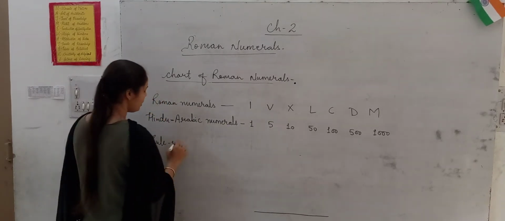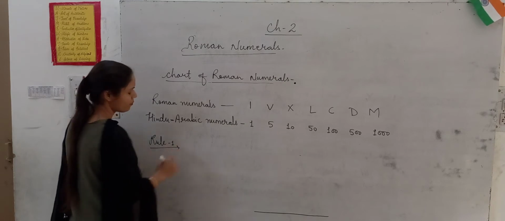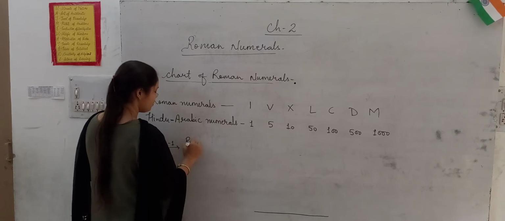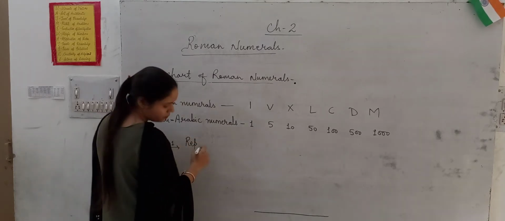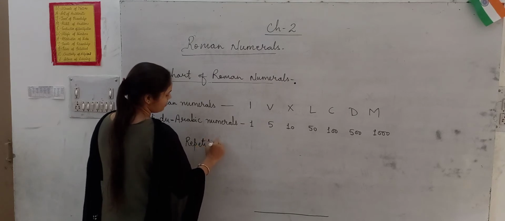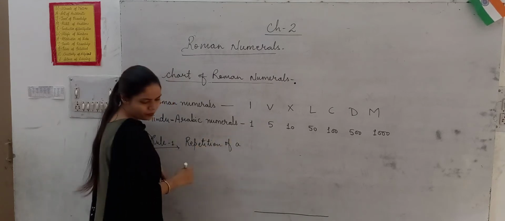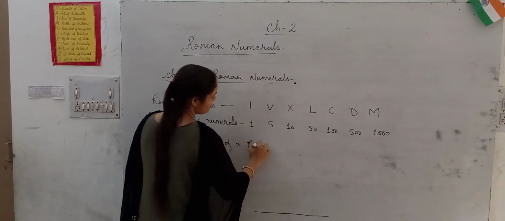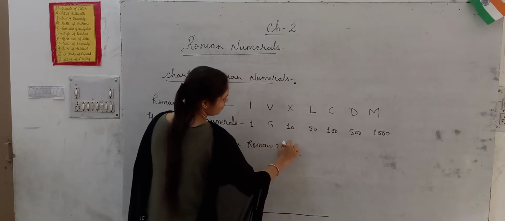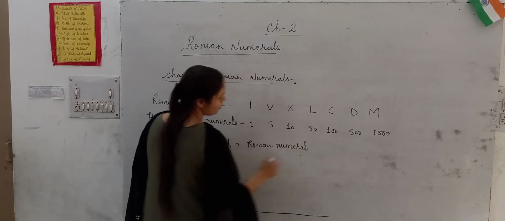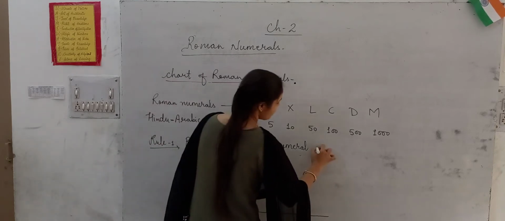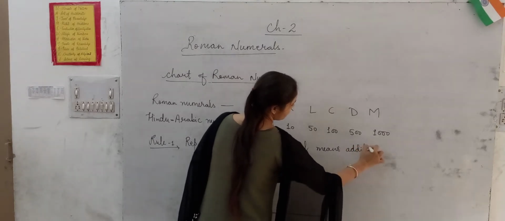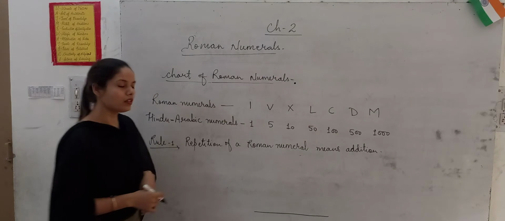Rules for forming these Roman numerals. Rule number 1 is: repetition of a Roman numeral means addition, right?